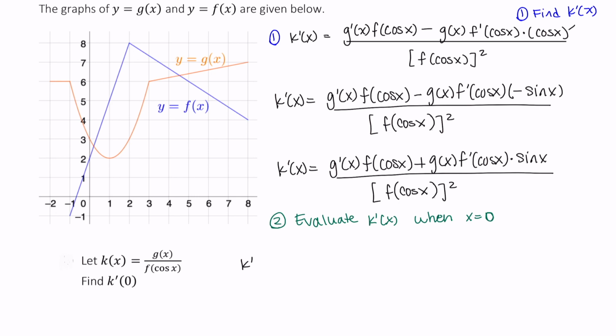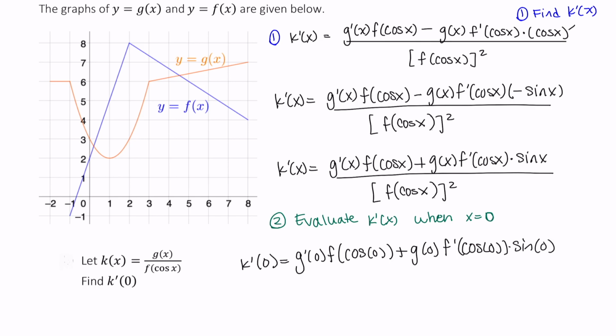So k prime of 0 is equal to g prime of 0 times f of cosine of 0, plus g of 0 times f prime of cosine of 0 times sine of 0, this entire quantity divided by f of cosine of 0 quantity squared. Okay, so the derivative of g here at 0.